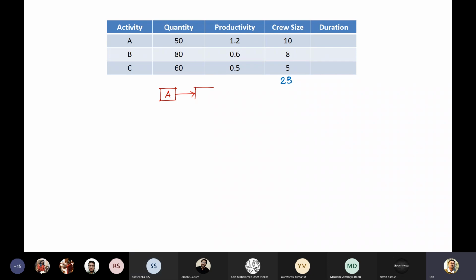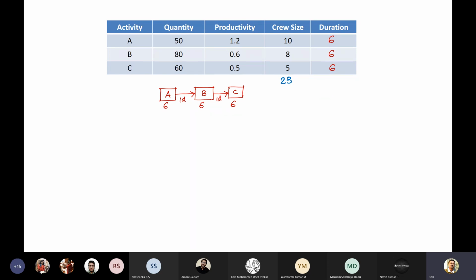So let me draw the bar chart or the arrow diagram. So 6 days, 6 days, 6 days, and this is 6, 6, 6, and 1 day of buffer. The buffer is not going to change. Only these 6 days and 23 manpower remain as that.